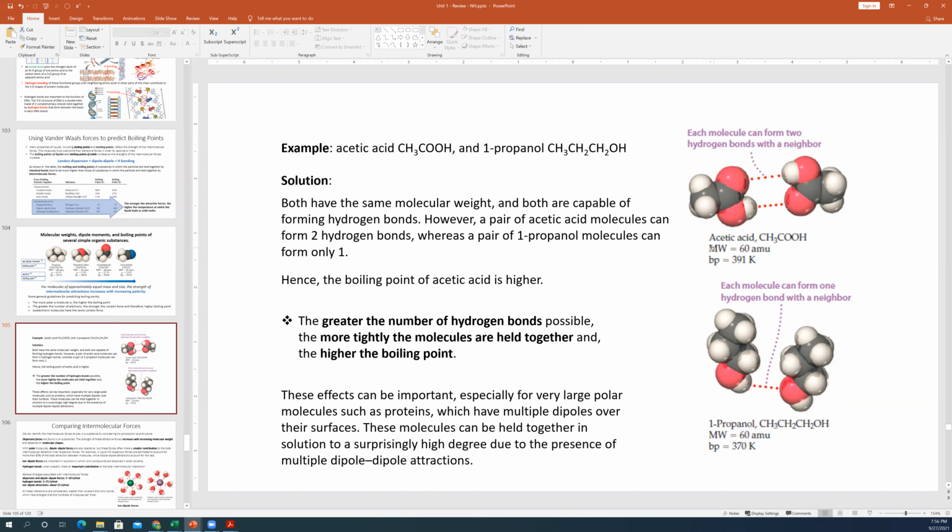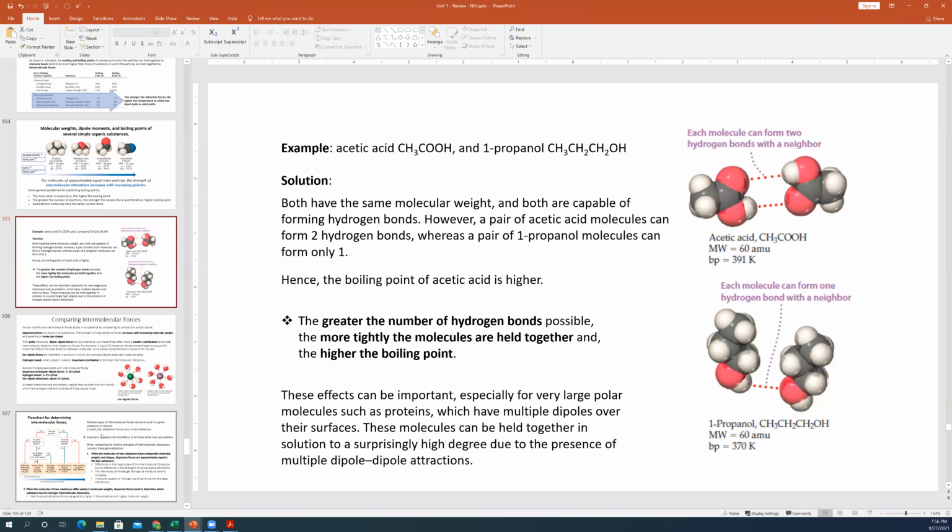They have the same molecular weight, both are 60, but acetic acid has a higher boiling point than propanol simply because acetic acid is able to engage in more hydrogen bonds. What else?